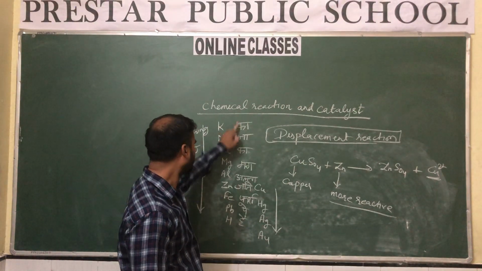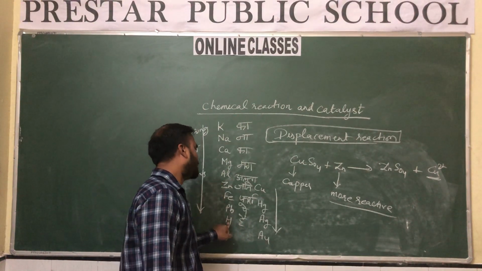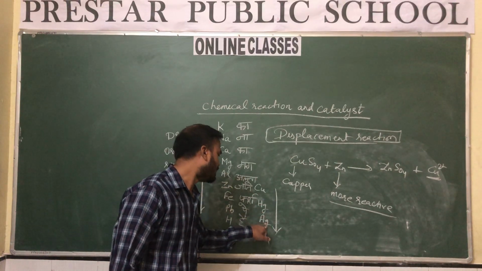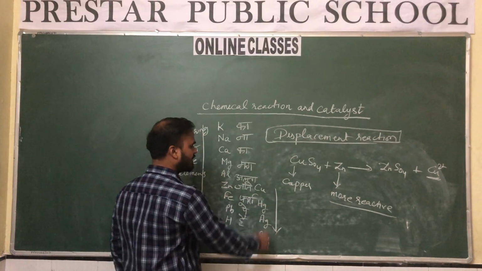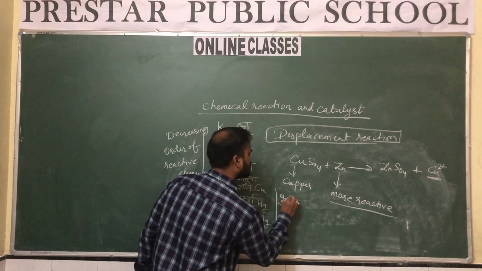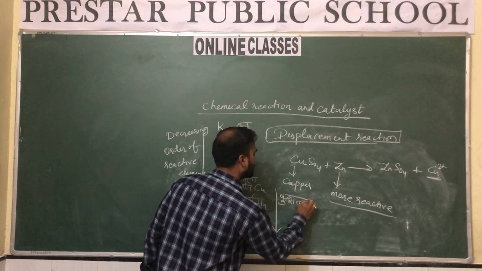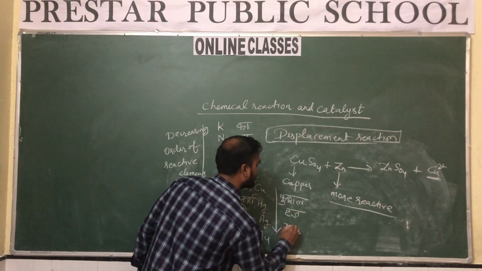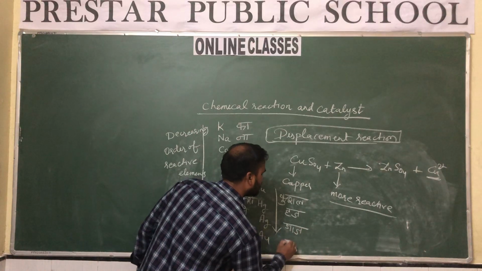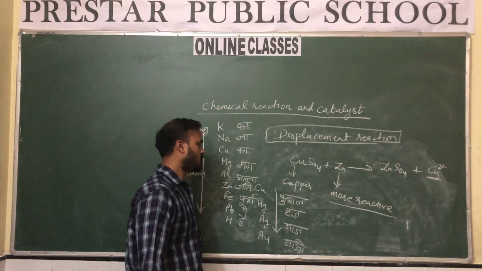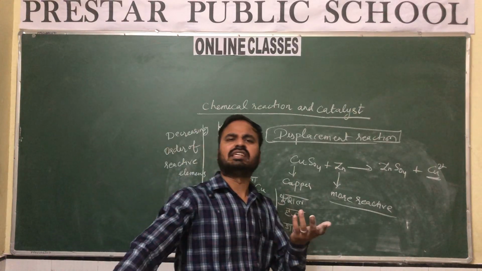And after hydrogen, then copper, mercury, silver and gold. So for that, what have you learned? Kushal Hajj Aaj Aao. Kushal is some name, I have chosen your name Kushal.